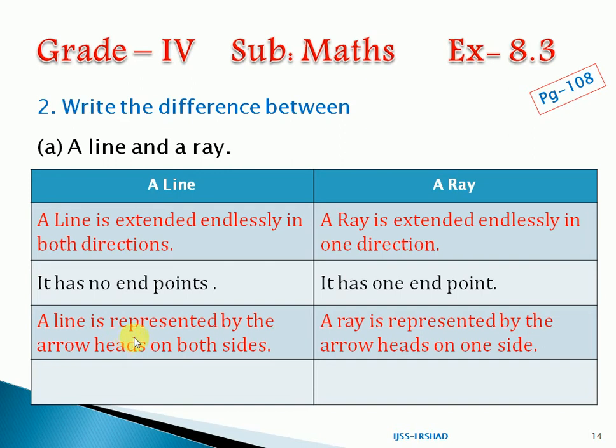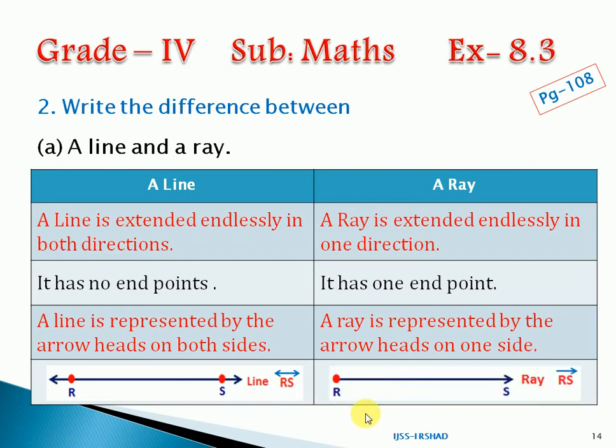A line is represented by arrowheads on both sides. A ray is represented by an arrowhead on one side only. And then you can give a figure of a line like this. This is a line and this is the symbol of a line. And here for a ray you can give a drawing like this.